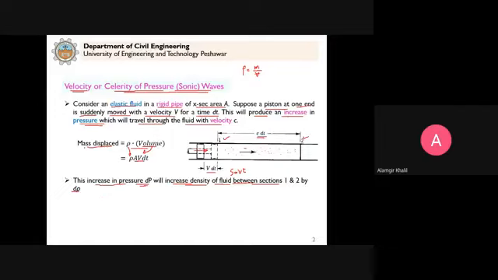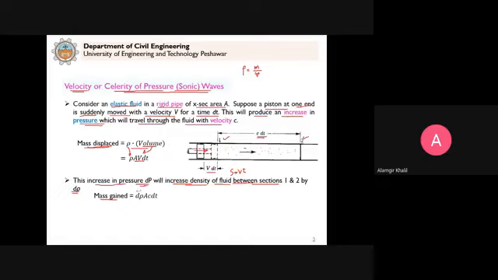So now we have the mass displaced and the density has increased, so it means there is a gain in mass. The mass gained between section 1 and 2 will be equal to again rho into volume. So we have d rho because this is the mass gained. We talk about the mass gained. So that is the mass displaced, and this is the mass gained by the fluid between section 1 and 2.